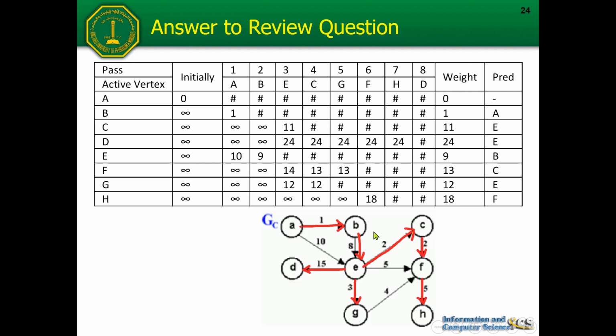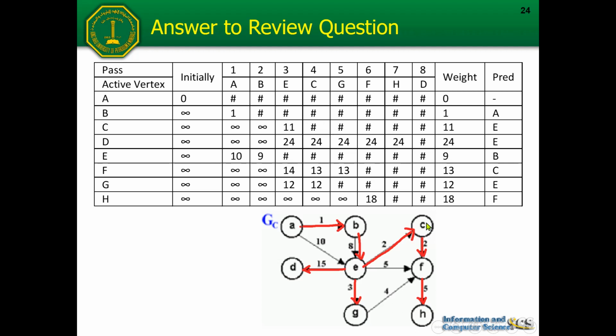Now we are in C. We go to C by traveling through this path, that's why the predecessor of C will be E. And the way for C will be 1 plus 8 plus 2, that will be 11.